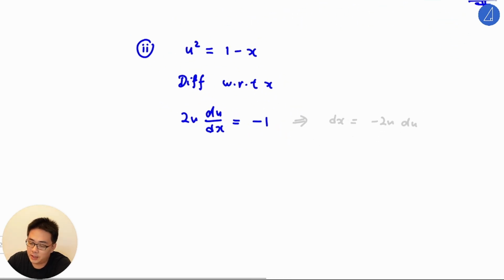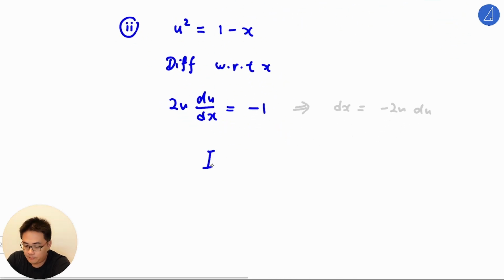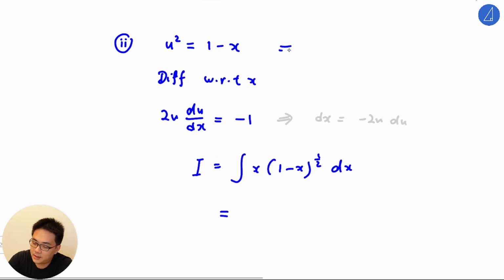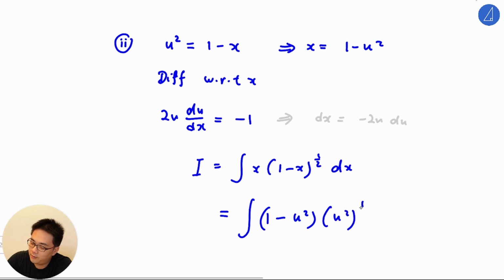So what we're going to do is, for I, this is x (1 minus x) to the half dx. So then we have x here, which is 1 minus u squared. Not an issue. So I'm going to put 1 minus u squared here. Then 1 minus x will be (u squared) to the half, which is u.